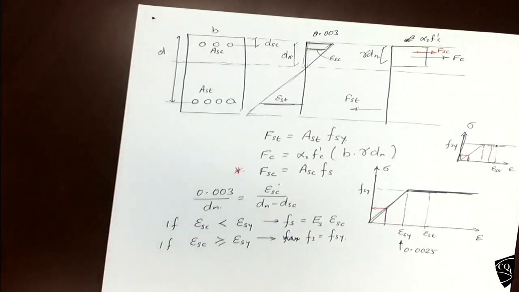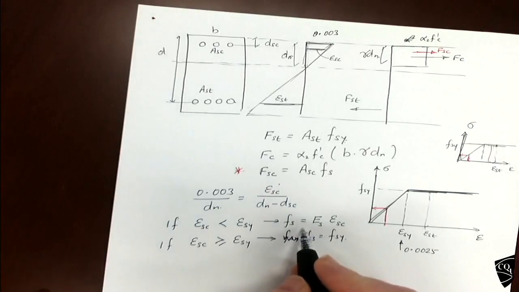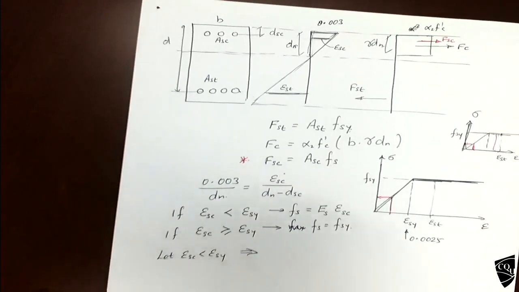So at the moment I don't know the dn, so I can't definitely say whether that has yielded or not. So generally we will go with this one. Most of the compression reinforcement will not reach the yielding point most of the time. Based on that, this is the most common case.